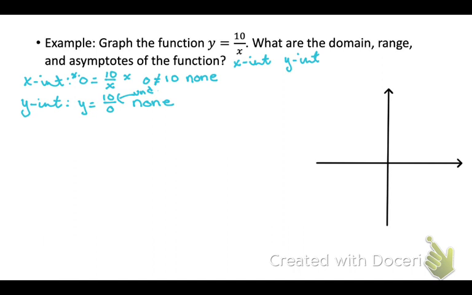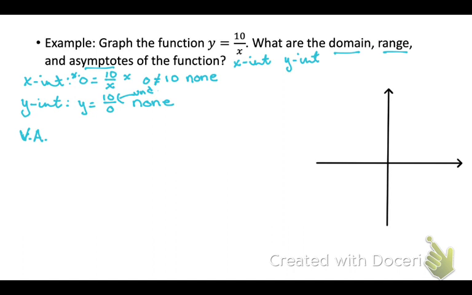Okay. So we can't do domain and range very easily until we know asymptotes, because I said they were based off the asymptotes, right? Okay, so vertical asymptote, and I just say VA. Vertical asymptotes are exclusions in the x-axis, so what x cannot be.